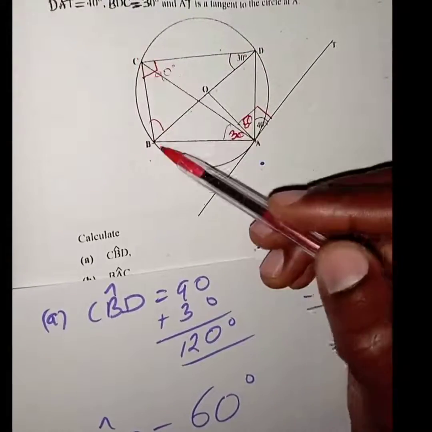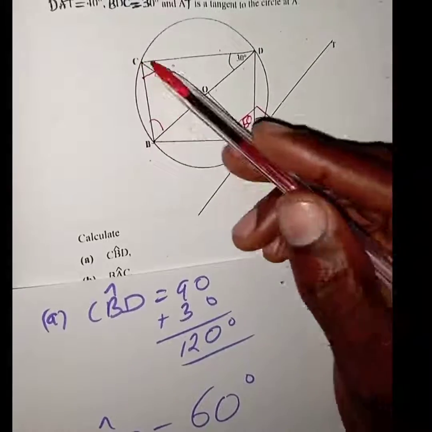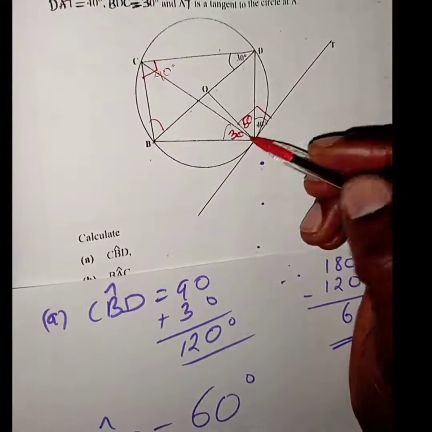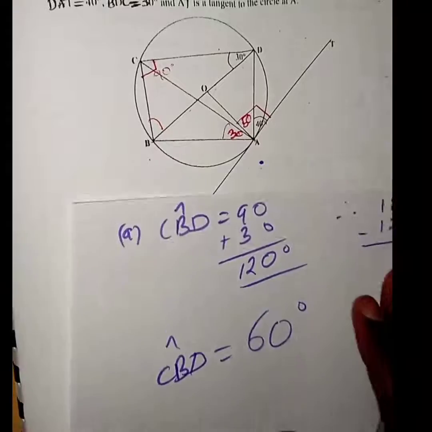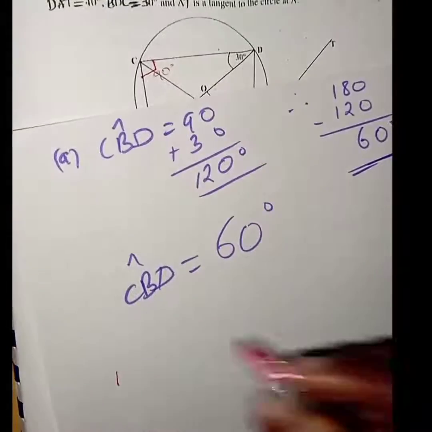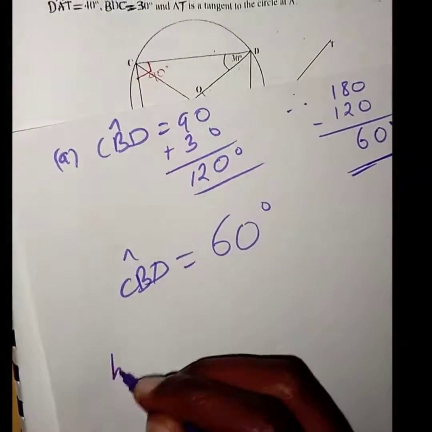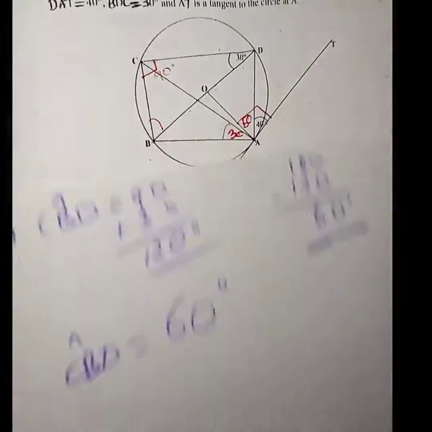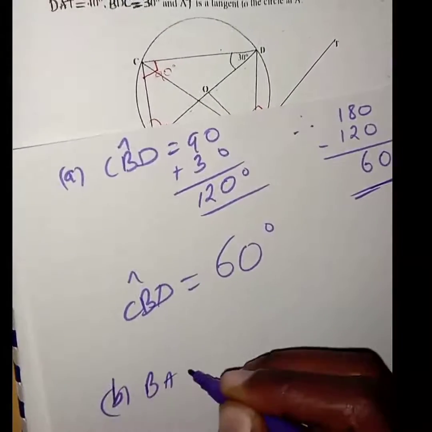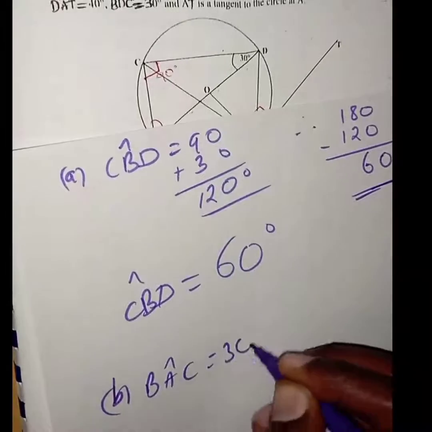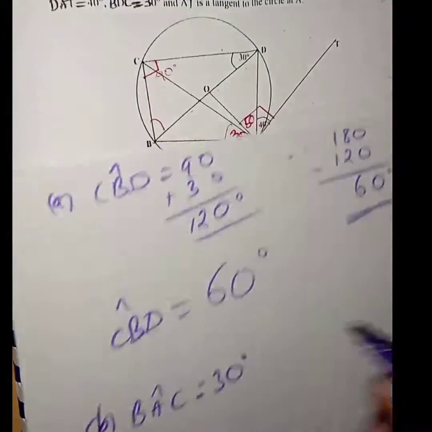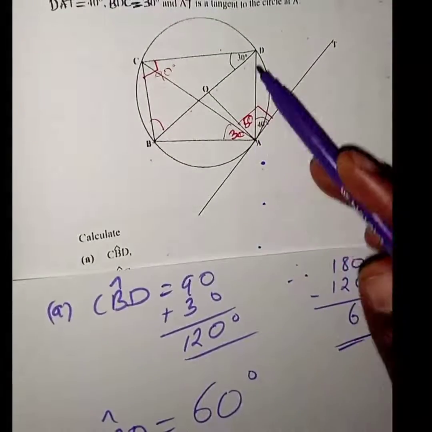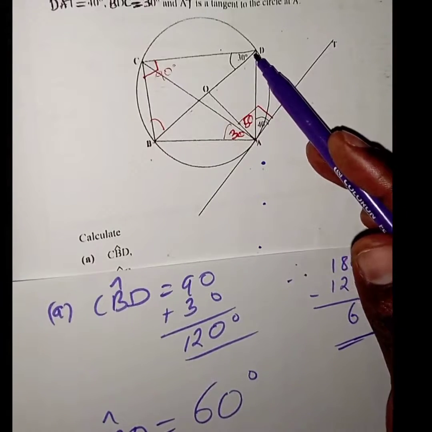They are all coming from BC, which is our chord. So we already found it, remember, at first. So question B, BAC is 30 degrees because they lie in the same segment with this angle.